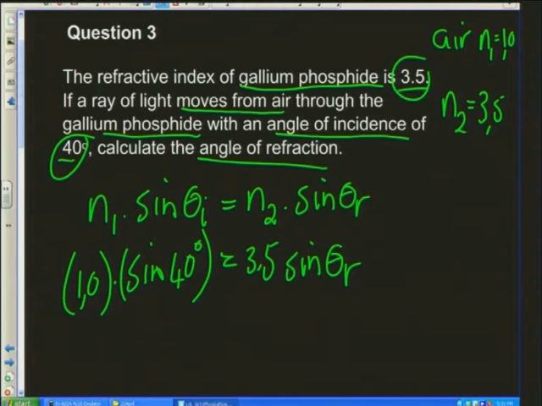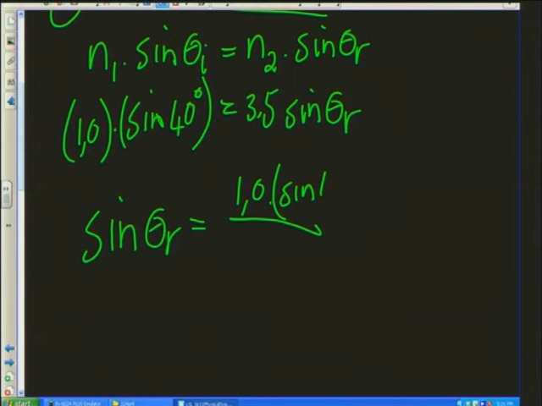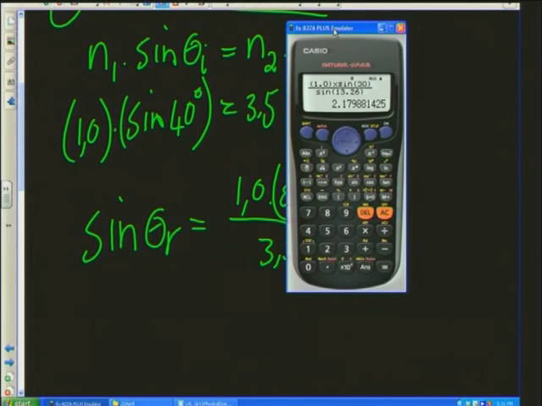So how are we going to get the angle of refraction on its own? Well, first of all, we'll divide through by 3,15. So I'm going to write here sine of theta r is equal to 1,0 times sine of 40 degrees over 3,15. So let's go that far, because this is sometimes where you also make a mistake.